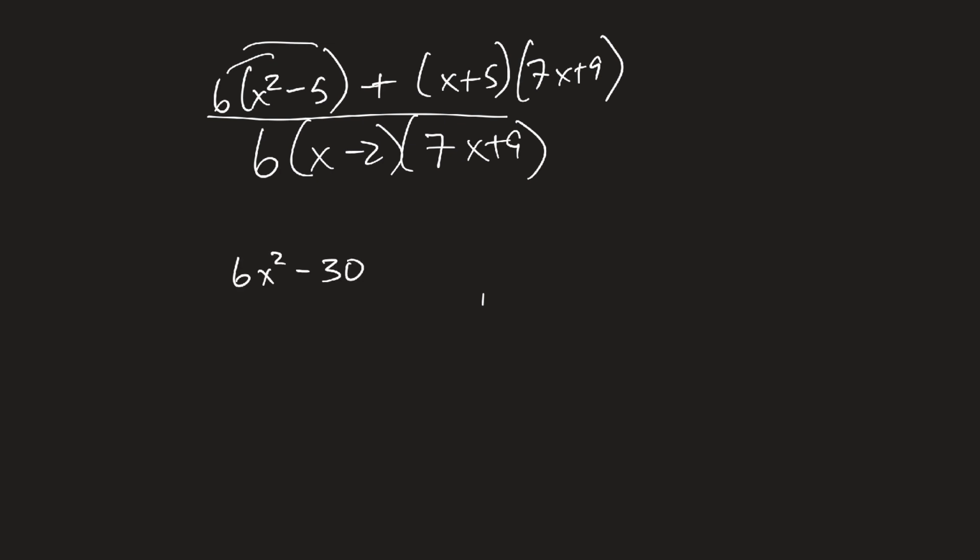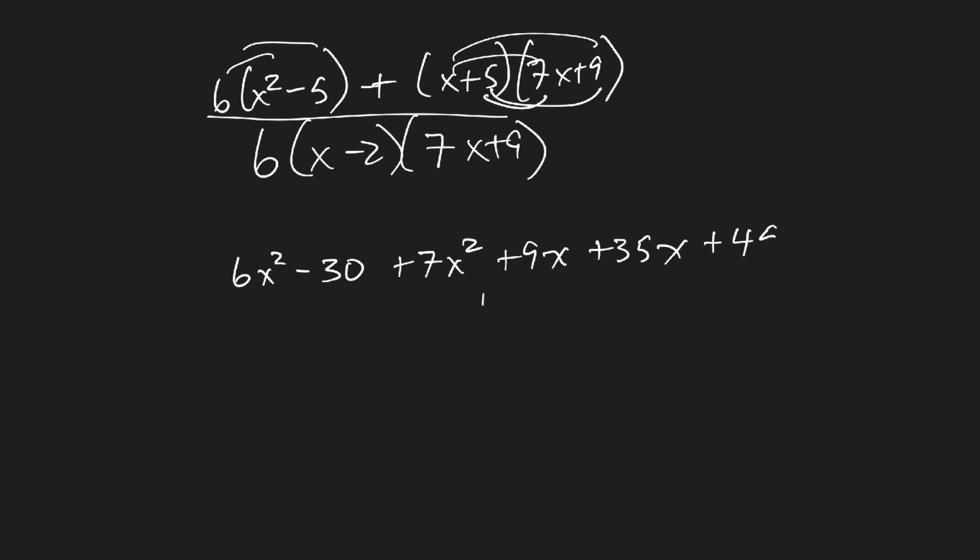This is plus, so I can just multiply this stuff and drop brackets. So x times x is a positive 7x squared, and then plus 9x plus 35x plus 45. Okay, all over my lowest common denominator.